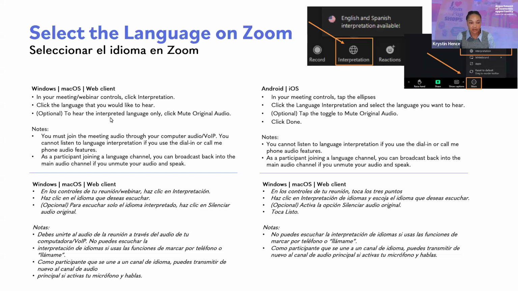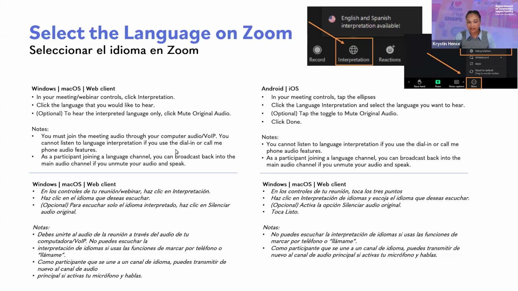And to hear only the interpreted language, you can select mute original. Just a note, you must join the meeting audio through your computer audio or VoIP, and you cannot listen to language interpretation if you use the dial-in or call me phone features, which I don't believe were available for this meeting.